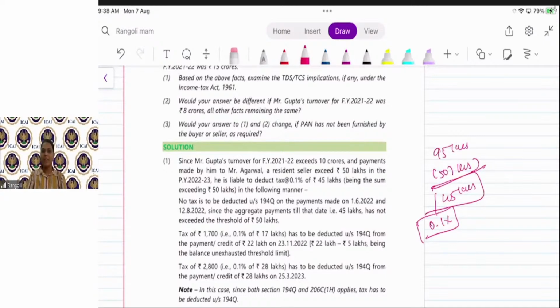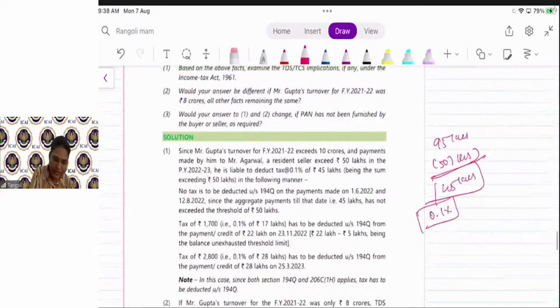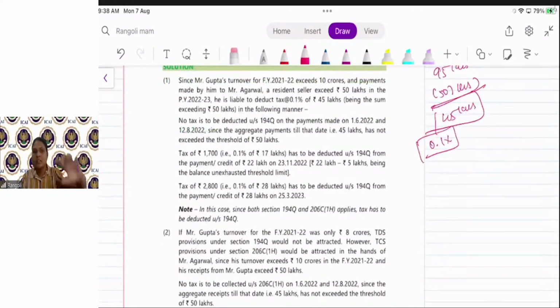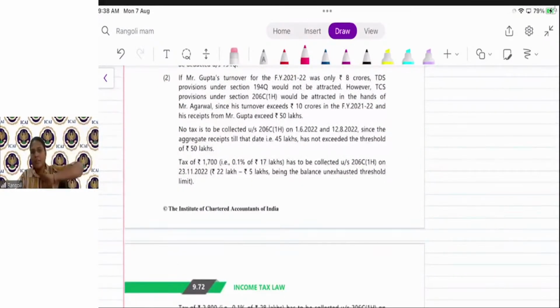Yes. In the first case, Mr. Agarwal is not required to collect TCS because there is a TDS. Now in the second case, Mr. Gupta is not required to deduct TDS under section 194Q. Why? Because the turnover of Mr. Gupta in the last financial year is less than 10 crore.